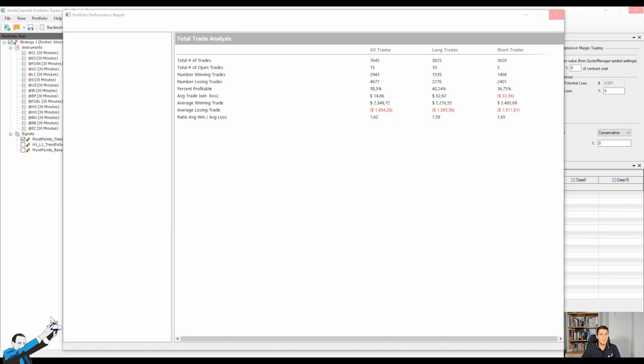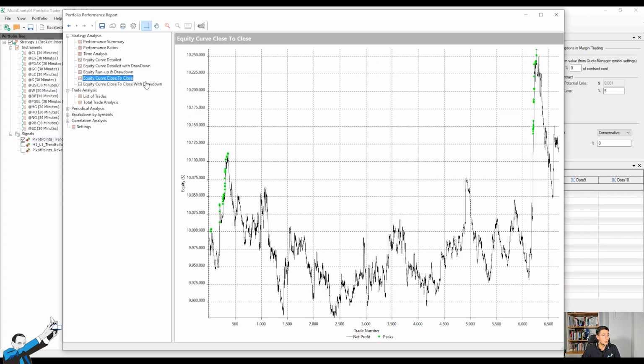Also this time the results unfortunately are not good. This time we are seeing a worse strategy. The average trade decreases from $41 to $15, and also the equity curve close to close is not something that made us feel good in trading this strategy, of course.